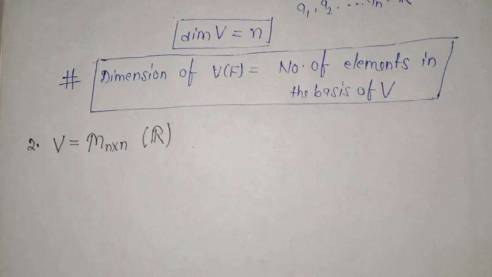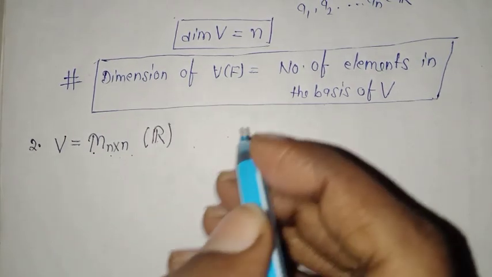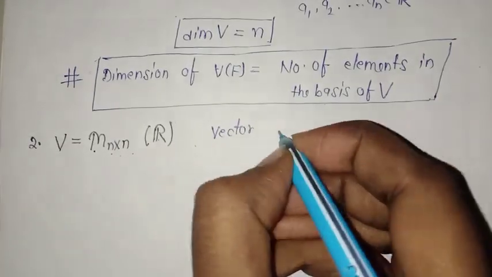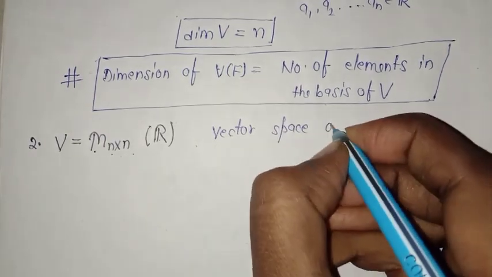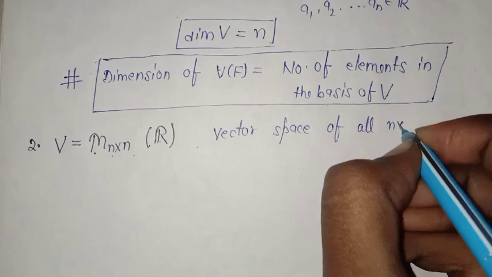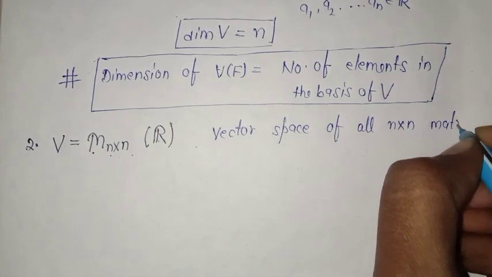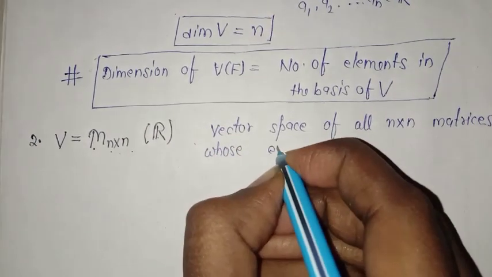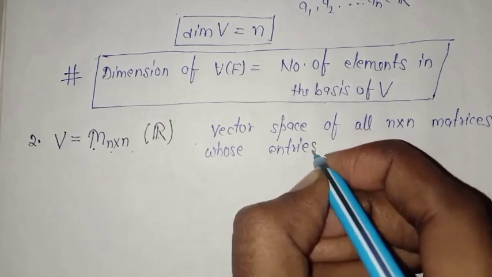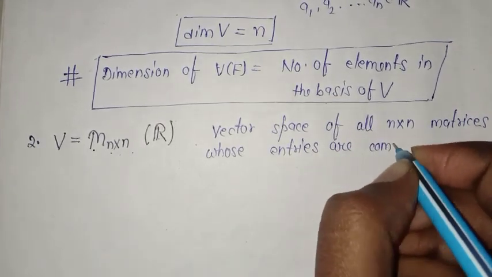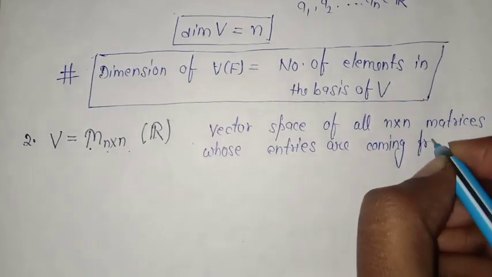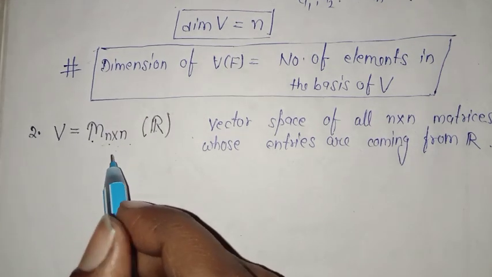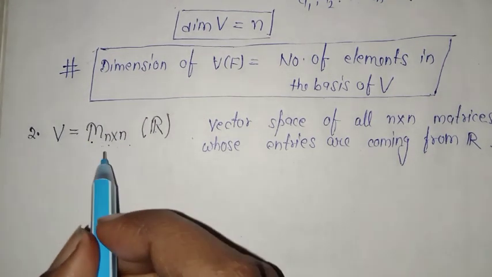Our second vector space is M n cross n over R. This is the vector space of all n cross n matrices whose entries come from R. Now it's hard to find the basis of an n cross n matrix because we don't know the value of n.